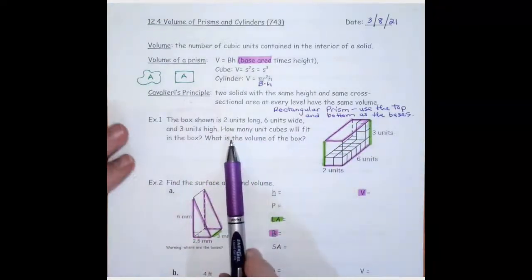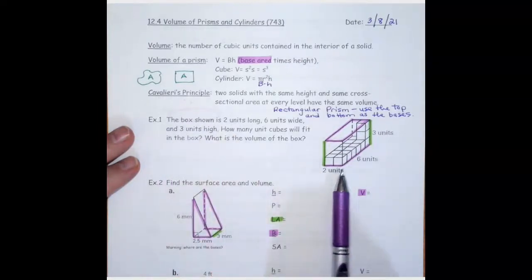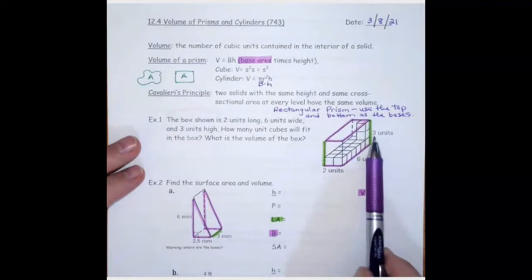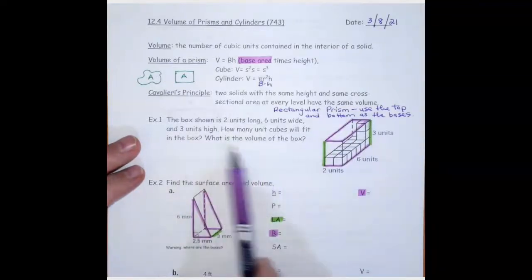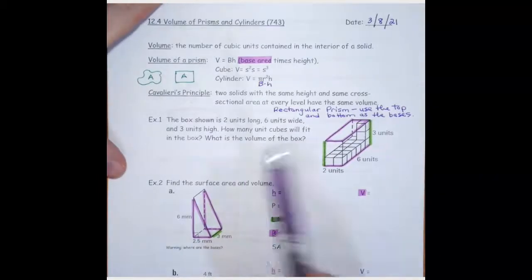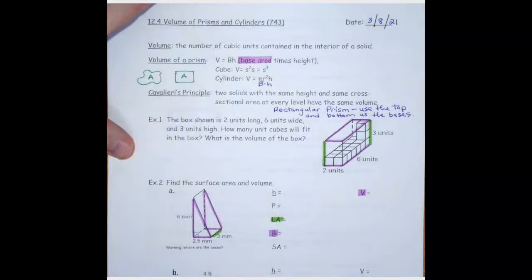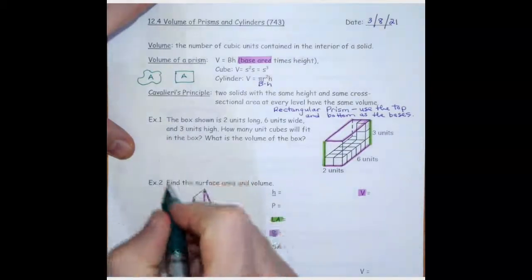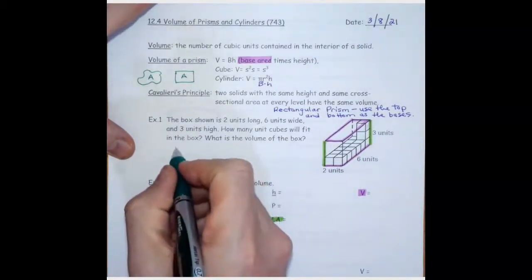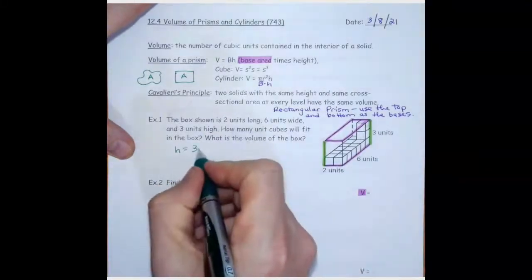So let's look at a question here. The box shown is 2 units long, 6 units wide, and 3 units high. How many cubes would fit in the box? What is the volume of the box? Okay, if we set things up the same way we did the other problems, we have the height, which is going to be 3 units.